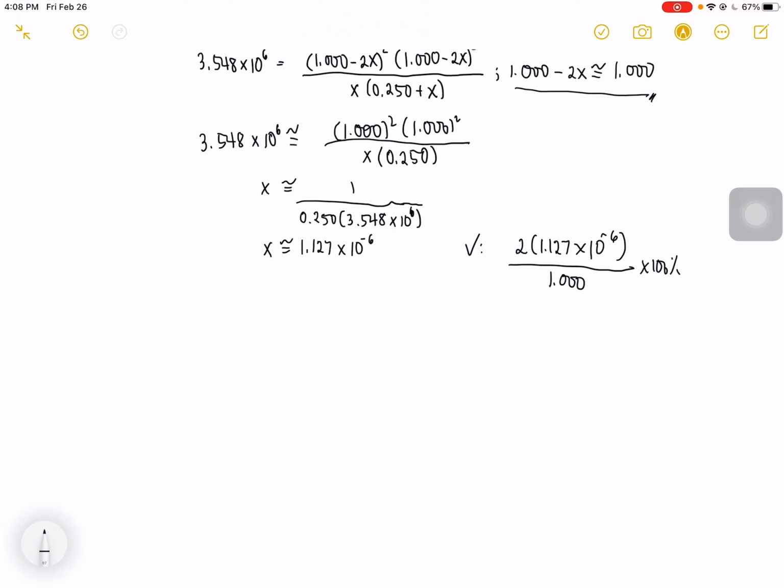But we're lucky in this regard, since using our calculator, we find the percent error here to be equal to 2.255 times 10 to the power of negative 4%. A very small percent error indeed. So this verifies to us that the assumption we have made is valid.